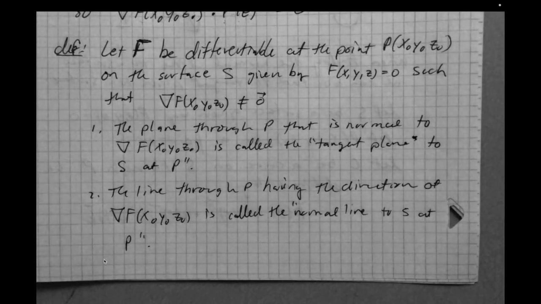Now, if this is true, then the plane through P that is normal to this gradient vector, evaluated specifically at x naught, y naught, z naught, is called the tangent plane to S at P. And the line through P having the direction of the gradient at that point is called the normal line to S at P.